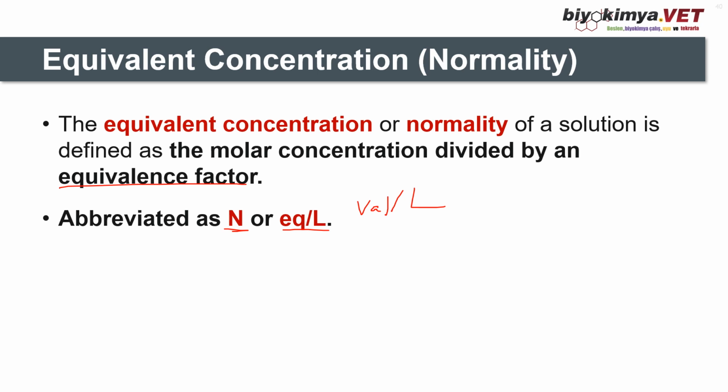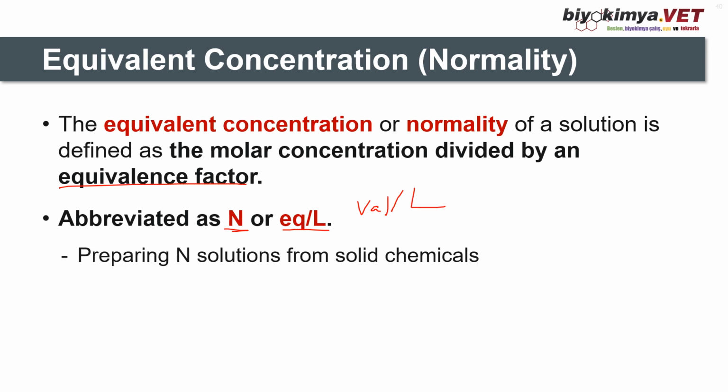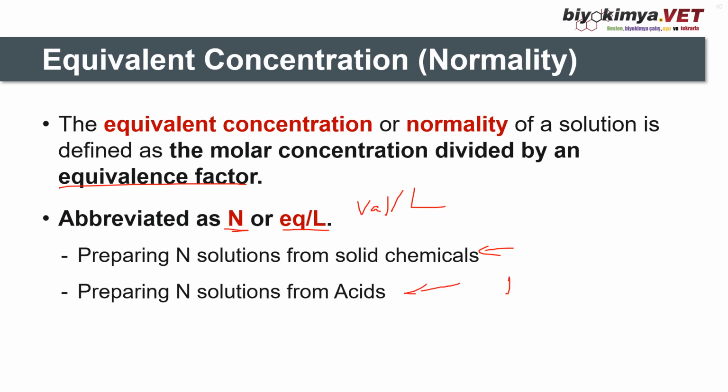Now we have the same feature here. To prepare equivalent concentration solutions from certain chemicals and from acids require different approaches, and the approaches are the same as with molarity. For solids, just weigh, but for acids, as in molar concentration, we have a two-step approach.